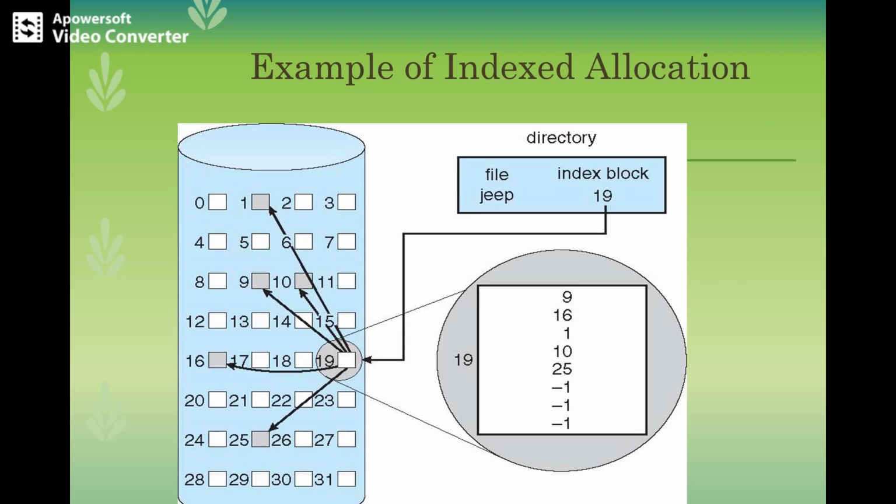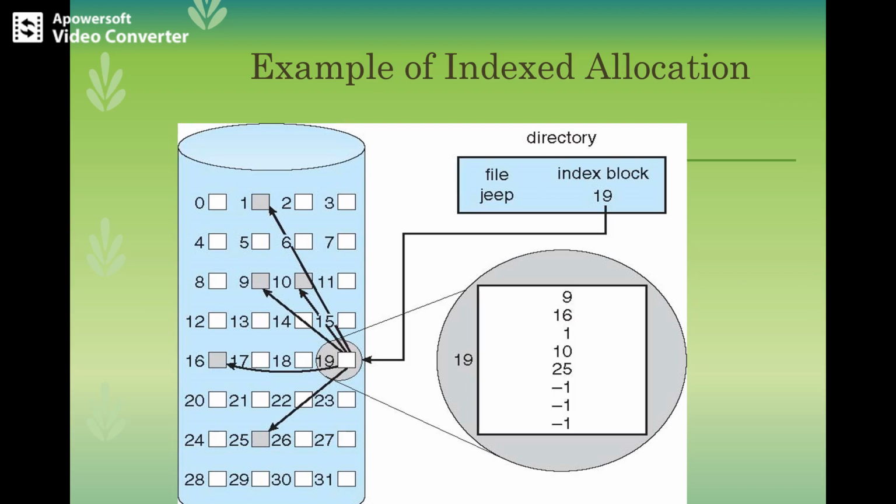In this, 19 refers to all the pointers like 1, 6, 10, 9, 25, then we have got 16. From 19 it moves to 15 and 10, so the final value is 10. So this 10 will be stored in this index block.